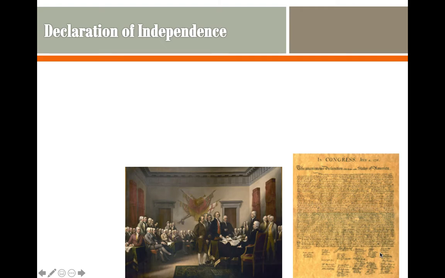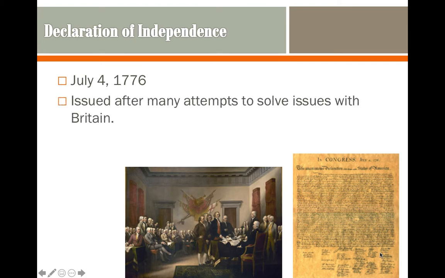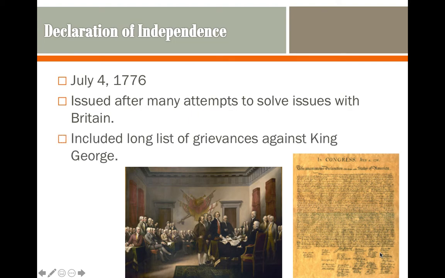Moving to the Declaration of Independence, July 4th, 1776 was the famous year. Issued many attempts to solve issues with Britain. So there was time and time again that there were desires to resolve the disputes between America and Britain. However, it came time to separate from Great Britain.